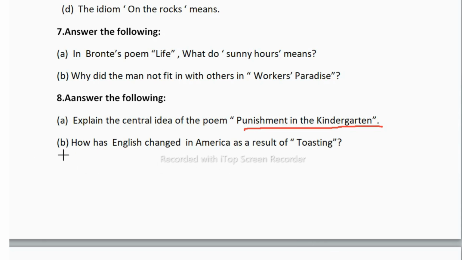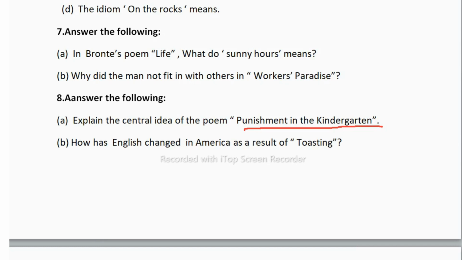Now the last one, B1, how has English changed in America as a result of toasting? Toasted English is written by R.K. Narayan. Here in this lesson he has shown the differences between American and British English, formal and informal English. So he is asking how has English changed in America as a result of toasting?